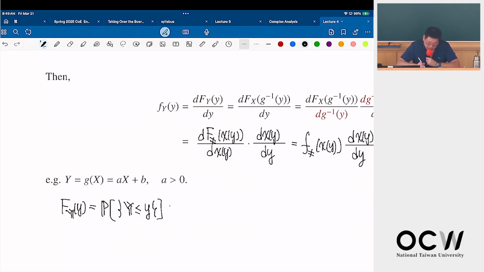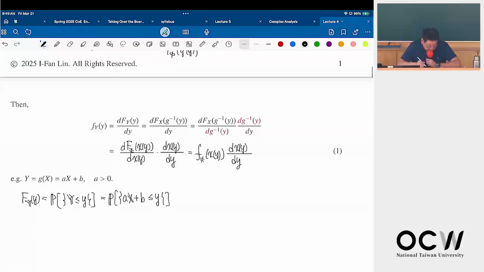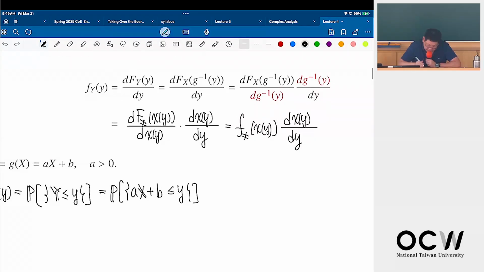Now you can change y to ax plus b. So ax plus b is less than or equal to y. And just simplify it a little bit more.